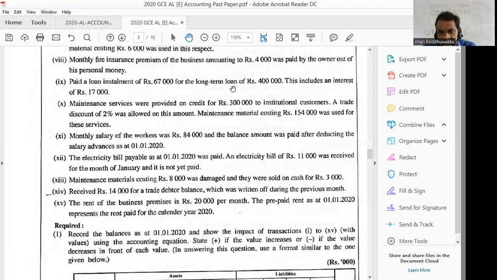At the beginning we had opening balance 400,000 related to the long-term loan. Now they have paid a loan installment of 67,000, and this includes an interest of 17,000.